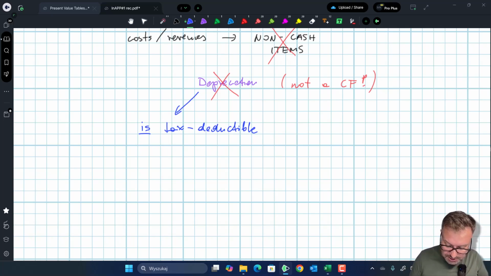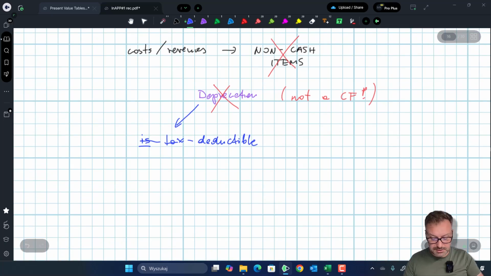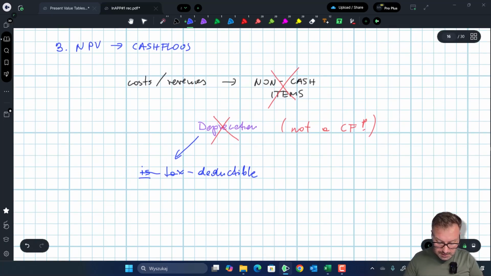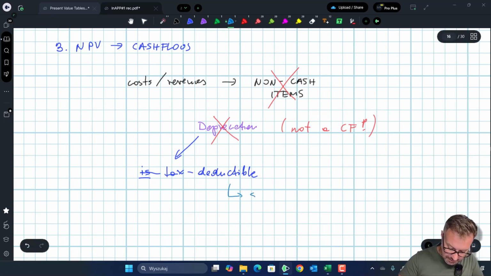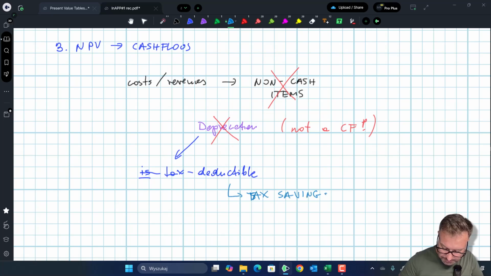So if depreciation, which is not a cash flow, impacts the effective tax rate of the company, it is absolutely clear that the additional tax or the tax shield, tax saving that the company achieves on depreciation of new assets that are purchased in connection with a new project is incremental. So the tax savings are incremental.